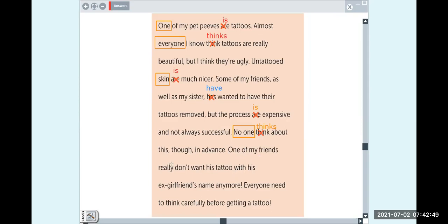One of my friends really don't want his tattoo with his ex-girlfriend's name anymore. Doesn't. Why? Because it's singular.